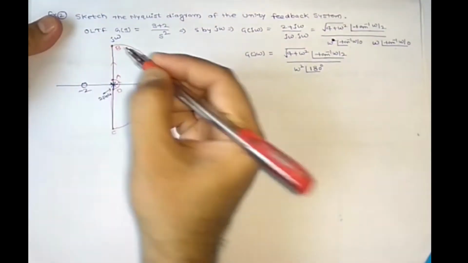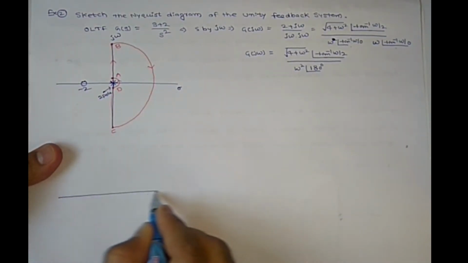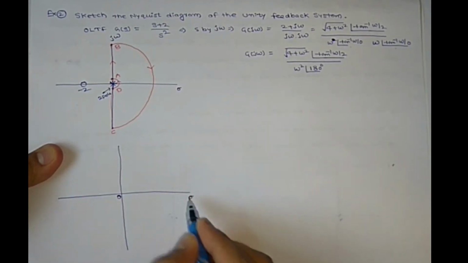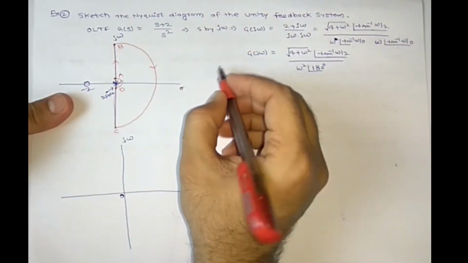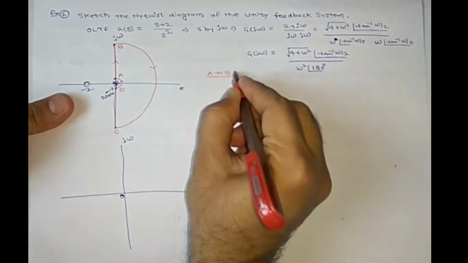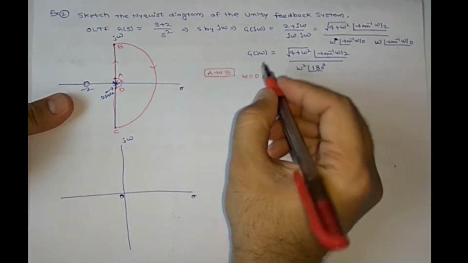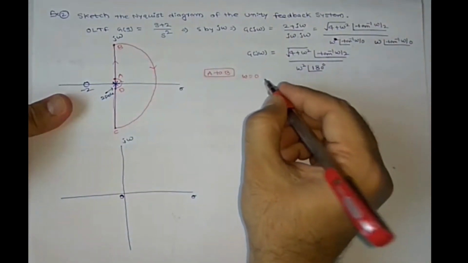Okay. So now here downside I will draw the Nyquist plot. After mapping, I am taking omega values from A to B and drawing the Nyquist plot. Now omega equal to 0, if you substitute in G(j omega), it is approximately 0 only, like 0.00001, so I am substituting 0 directly.